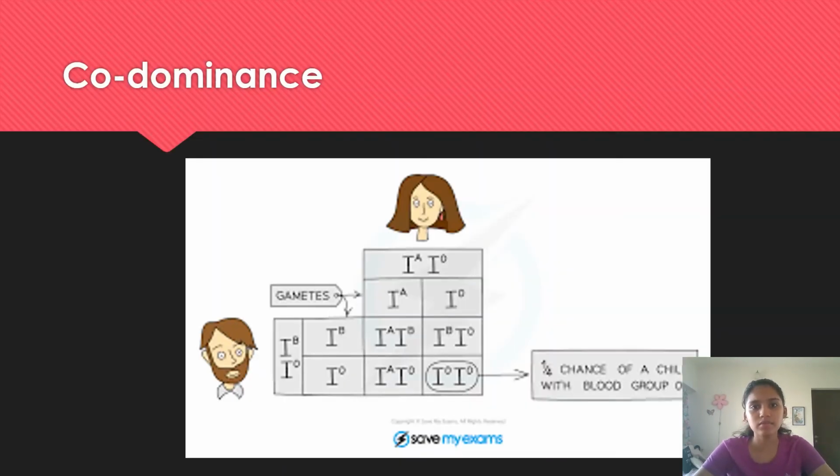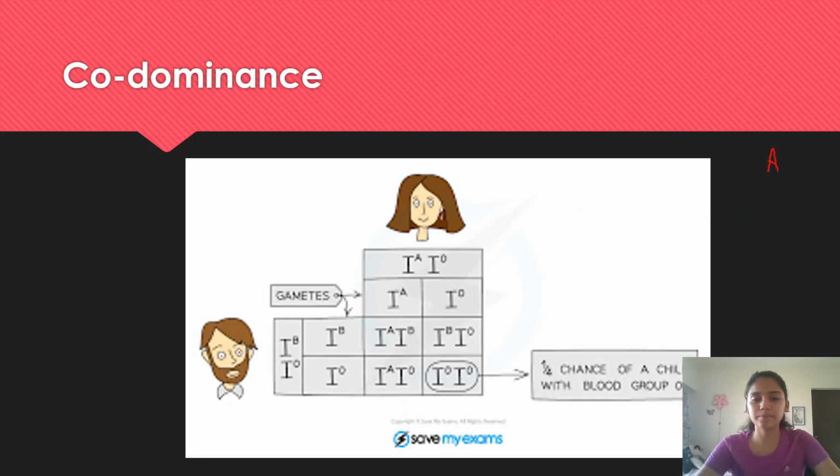Okay. Then you have codominance, which is basically seen in blood groups. So codominance is basically when you're heterozygous, both alleles are expressed, no allele masks the effect of the other. Okay. Now we need to remember a lot of things in blood groups. So one is that if you're A positive, these are the possible blood groups you could have.